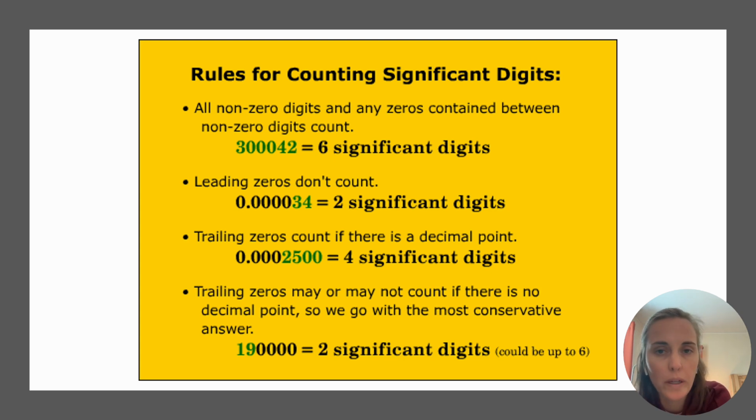Before we jump into the weeds with doing chemical calculations, you need to understand how to report your final answer. Your final answer needs to be reported using significant figures. A significant figure is a measure of accuracy.